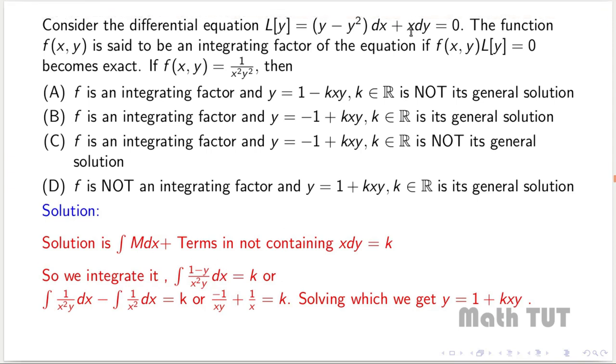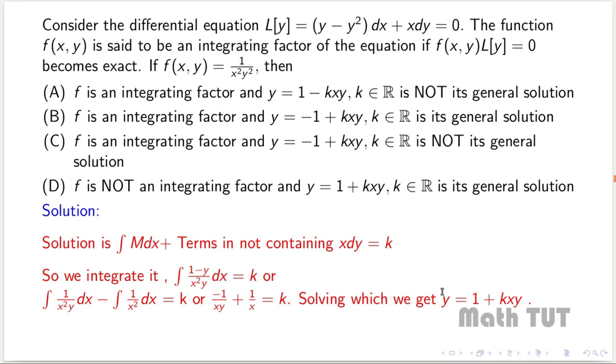So we simply get this integral equal to k, and when you integrate it, we get minus 1 by (x y) plus 1 by x equal to k, or just rearranging it, we'll get y equal to 1 plus kxy. So the solution is y equal to 1 plus kxy.